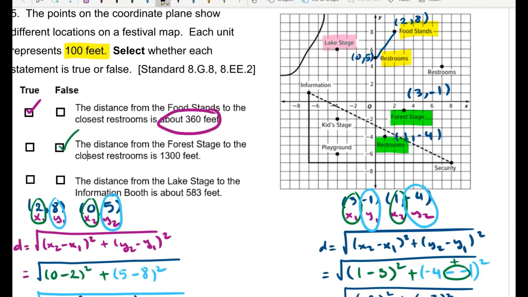Lake stage to the information booth. This time, you can do it like we did last time with the distance formula, picking any 2 points and finding the distance, but I want to give you another option: you can use the Pythagorean theorem.